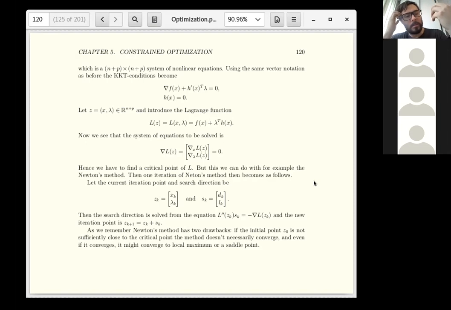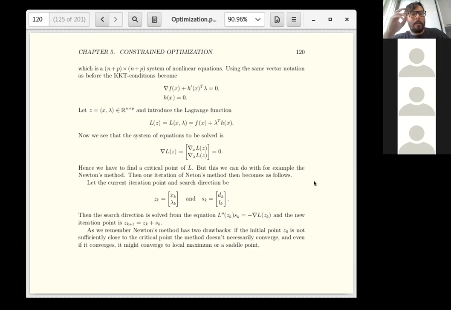So to minimize this, we set the gradient of L of z to 0. It means that the gradient of L with respect to those components that pertain to x, and the gradient of L pertaining to those components that relate to lambda, that vector as a whole is 0.